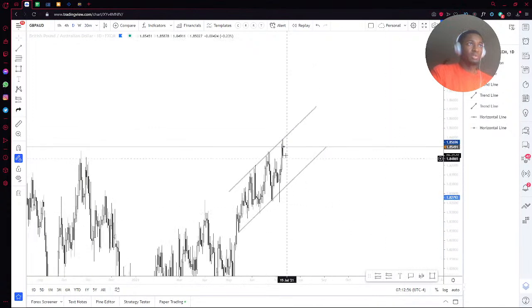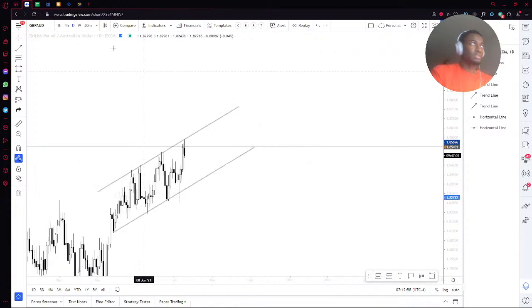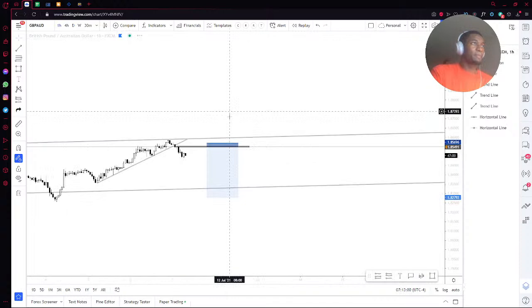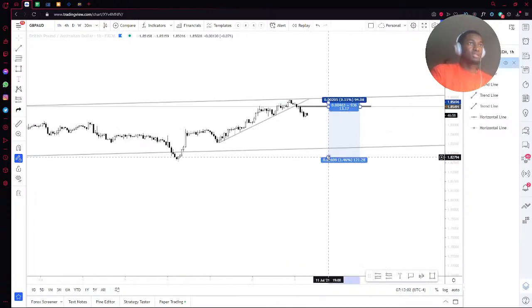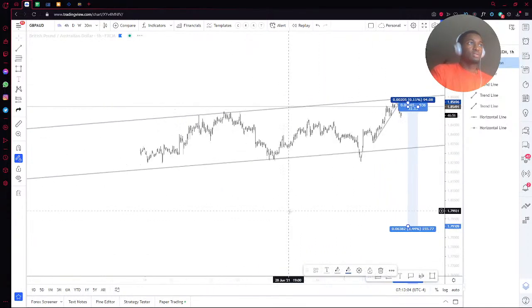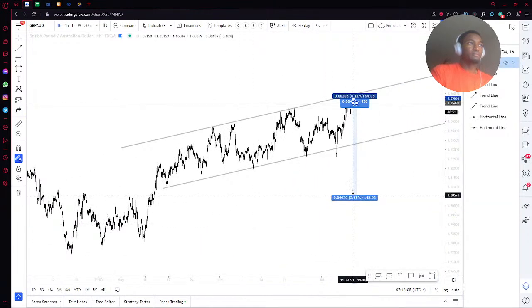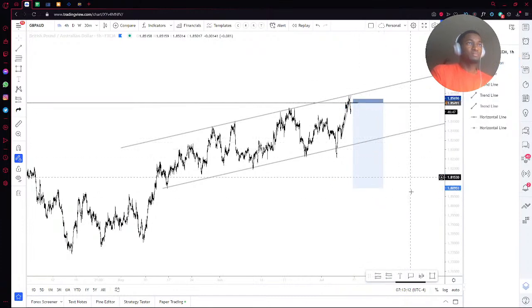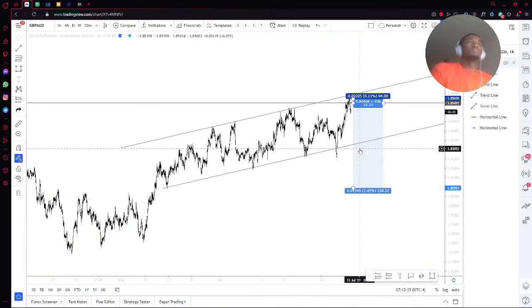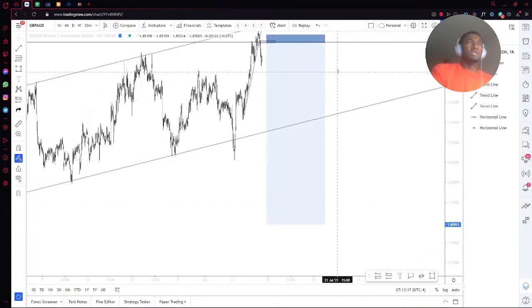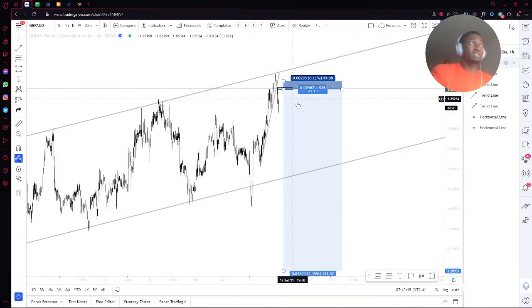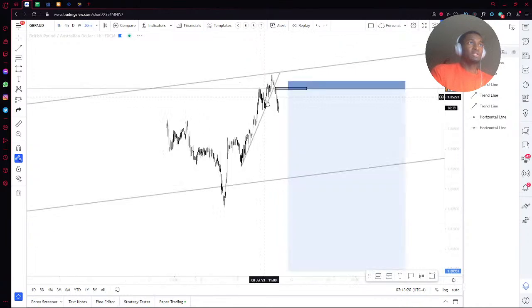And target's going to be the bottom of the channel if I can get it in frame. There we go. Right here for about 22 to 1. But again, I need that correction to happen. I need price to get scaled to my level, and then I'll enter for a sell.